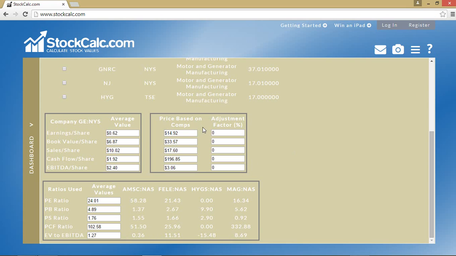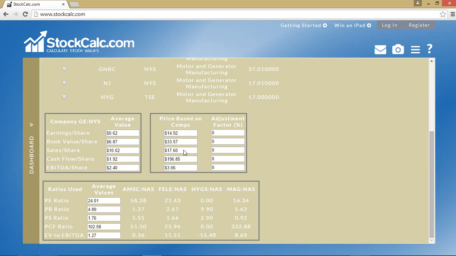The way the values are calculated for the company that we're looking at is we take the average values from the company multiplied by the average ratio values for our comparables to come up with a price for the company that we're dealing with. So on an earnings per share basis, we would see approximately $15 per share for GE, 33 on a book value basis using our comparable companies.